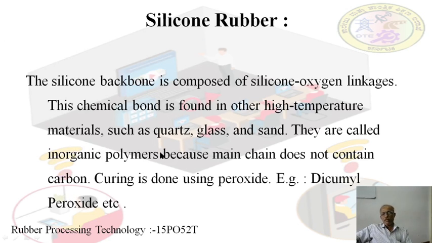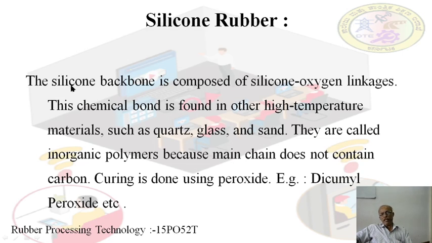So next comes silicon rubber. The silicon backbone is composed of silicon to oxygen linkages. So this silicon rubber is an inorganic rubber.